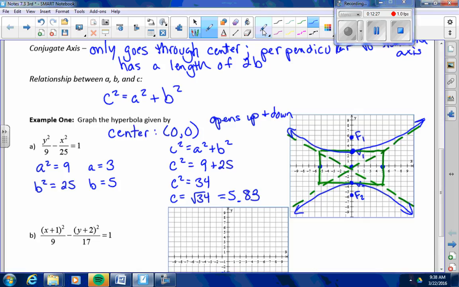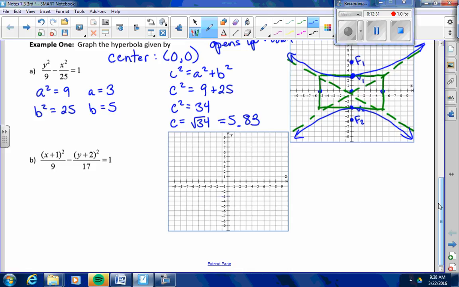Okay, let's look at the second example. On the second example, we have x plus 1 squared over 9 minus y plus 2 squared over 17 equals 1. For this one, where's the center? Negative 1, negative 2.